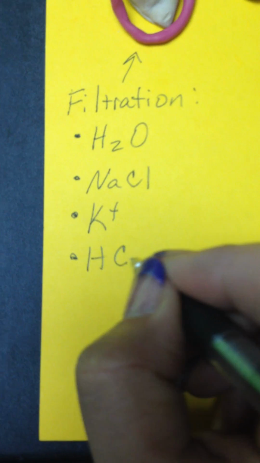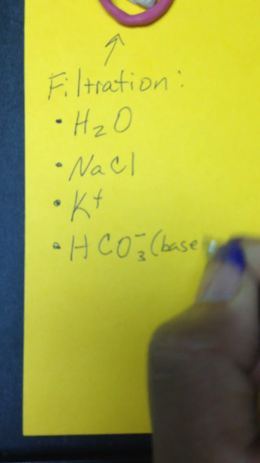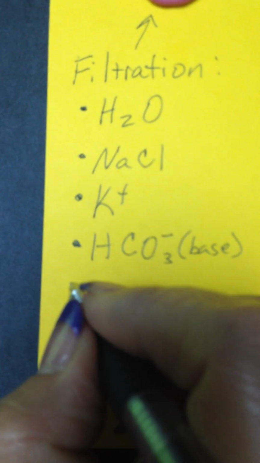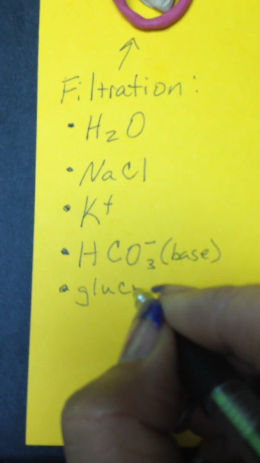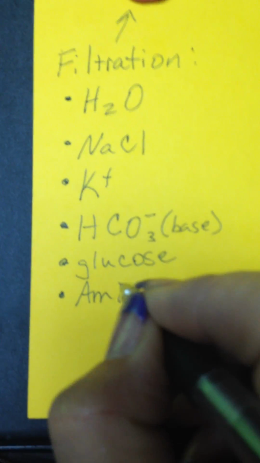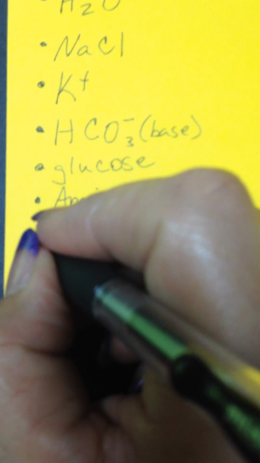We have bicarbonate. So remember bicarbonate, know it is a base, so it's going to deal with acid-base balance. And we have glucose. All the glucose is being taken out here. Amino acids. The building blocks of proteins, those are amino acids.